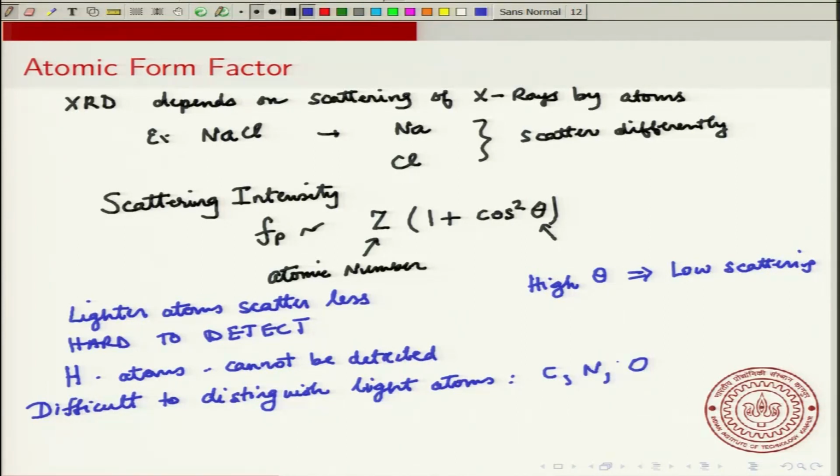They are light atoms with very similar atomic masses, and they are hard to distinguish. So if you have an organic compound that has carbon, nitrogen and oxygen, it is usually quite hard to determine the structure. So, the atomic form factor will also affect the scattering intensity, which will also affect the intensity of the XRD peaks.